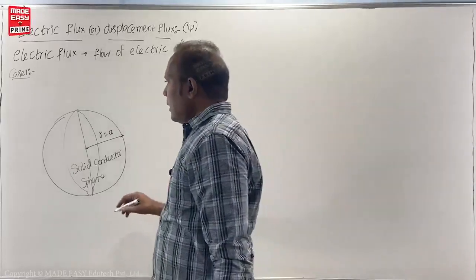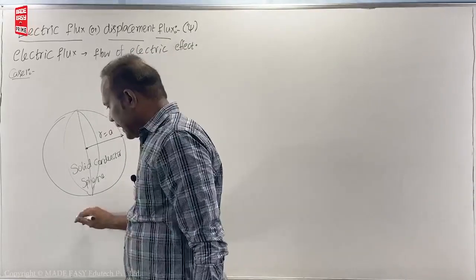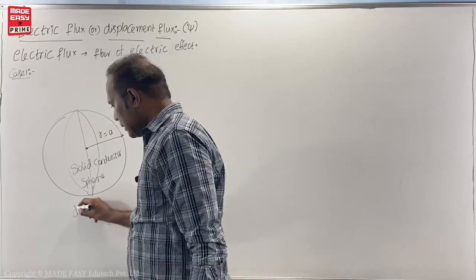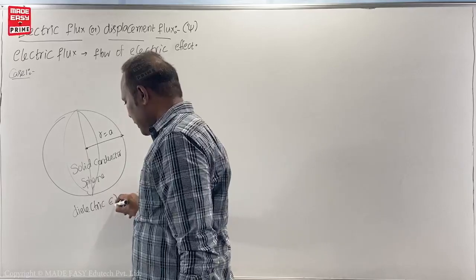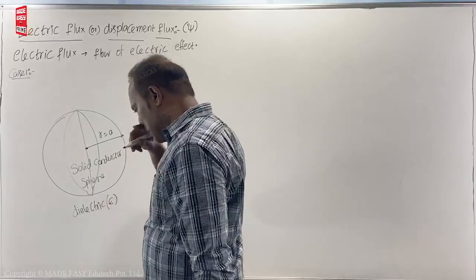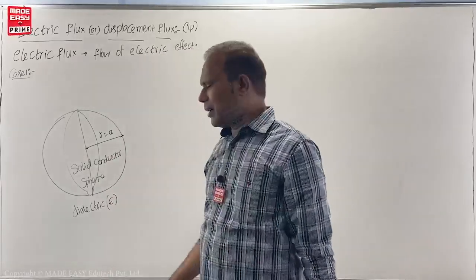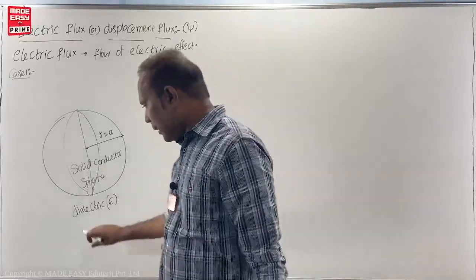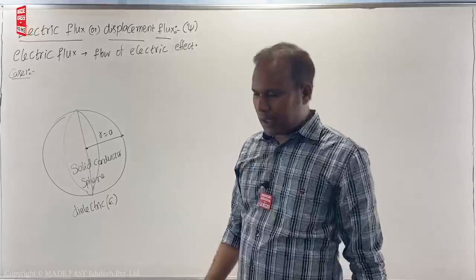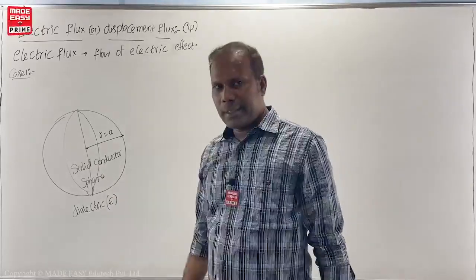Right. Now I may take here a dielectric or otherwise any air medium. Any medium I will take. Dielectric means like wood material or any other material, like plastic material, etc. You can put air also here. Then it is the air medium.